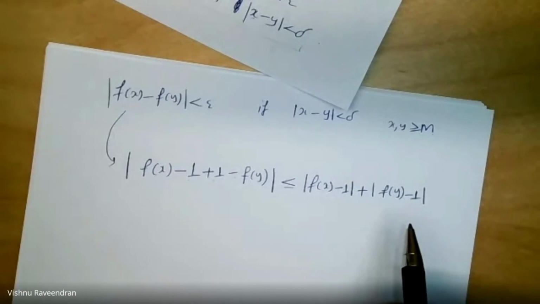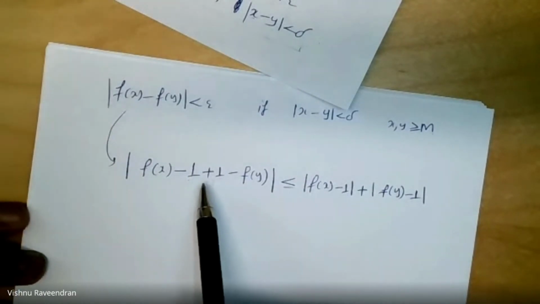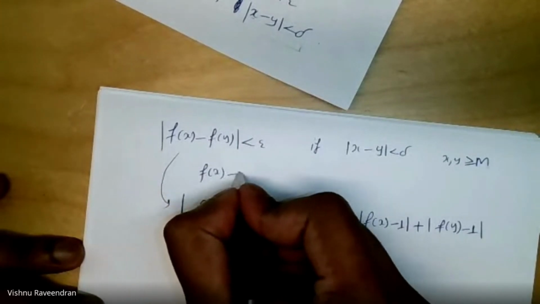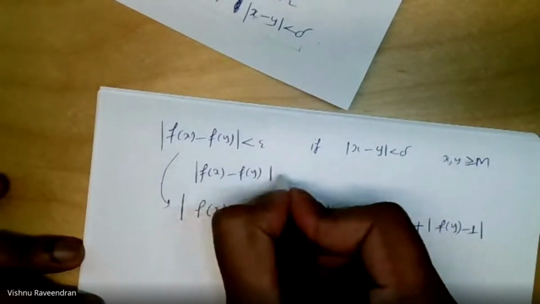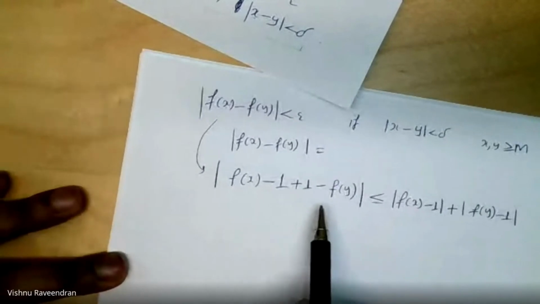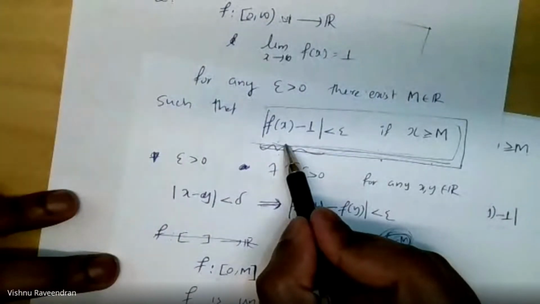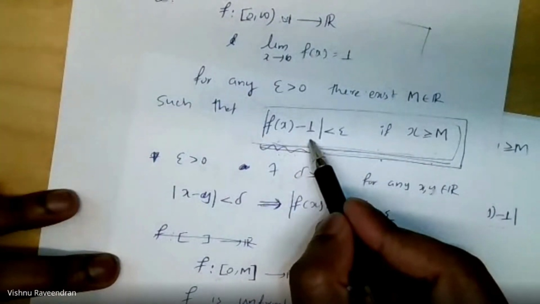This is okay, right? I just add and subtract 1. So what we are looking for is f of x minus f of y. So this is equal to this, and we get this. And now we can use this condition: limit x going to infinity, f of x equal to 1.